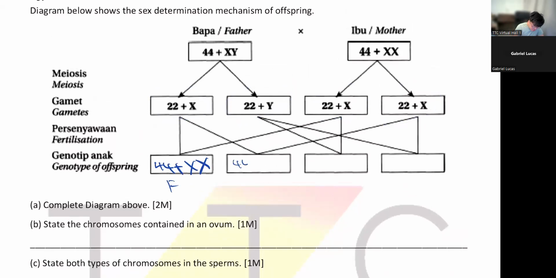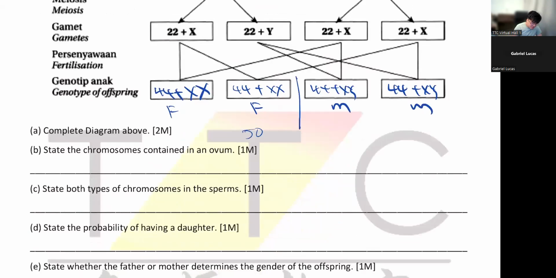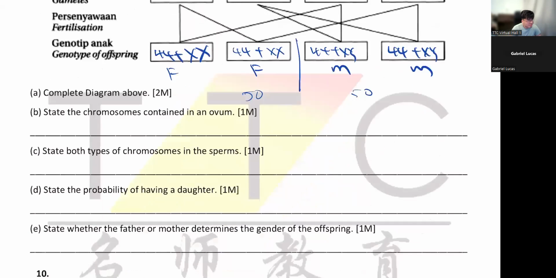Second child, 44XX, female also. Third child, 44XY, male. Fourth child, 44XY, male as well. So having a male and a female, it's 50-50, 1-to-1.